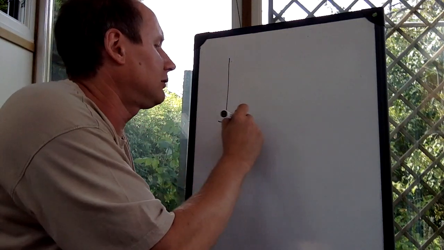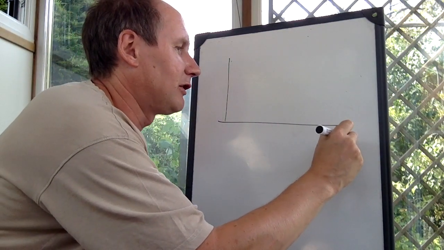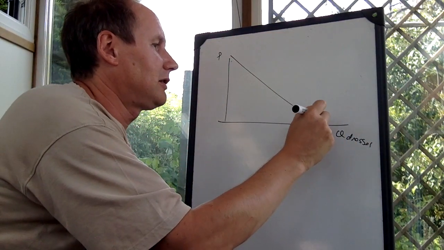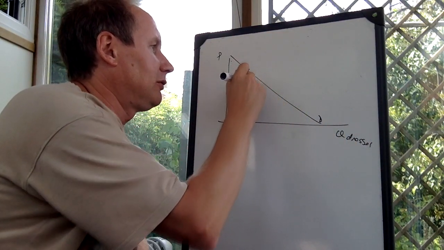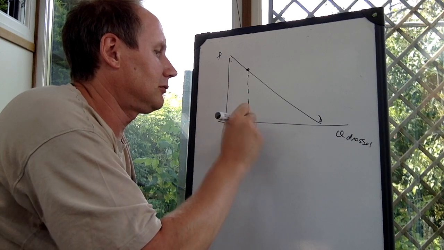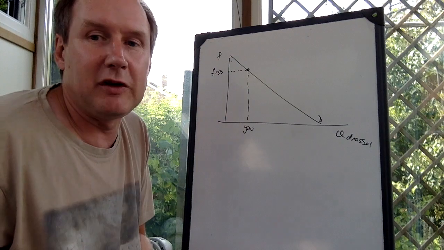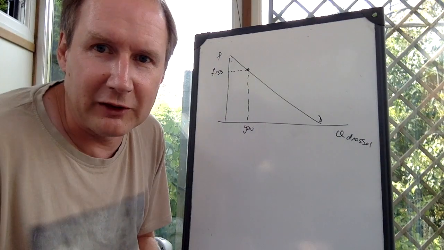So again, that's the quantity of little black dresses. That's the price. That's demand, and this is you. You were willing to pay £150 for that dress.